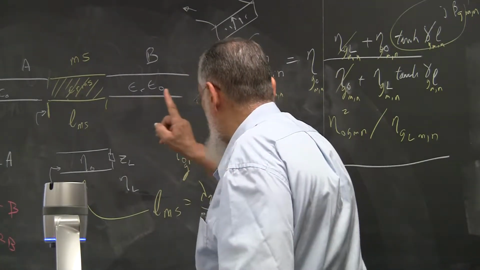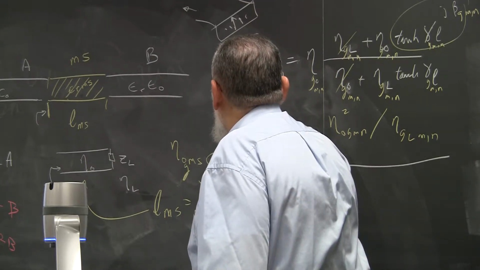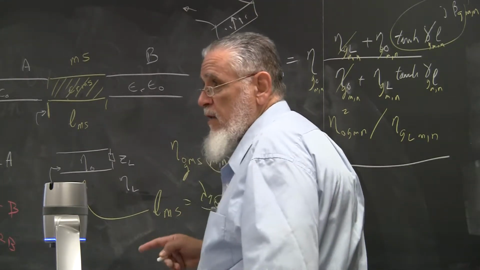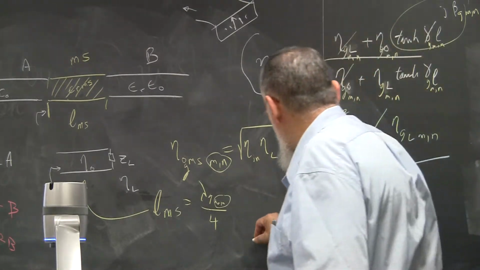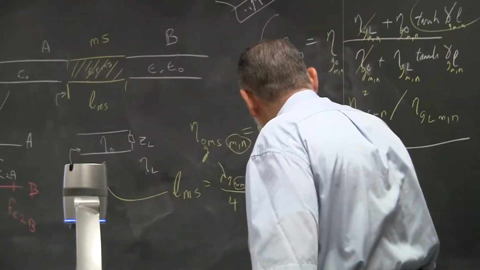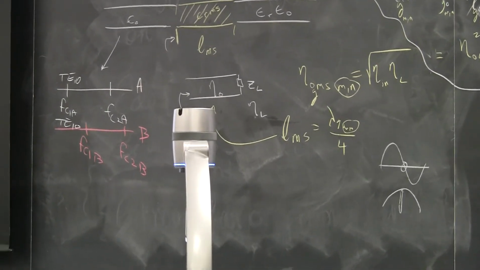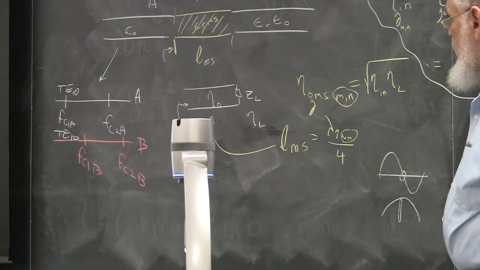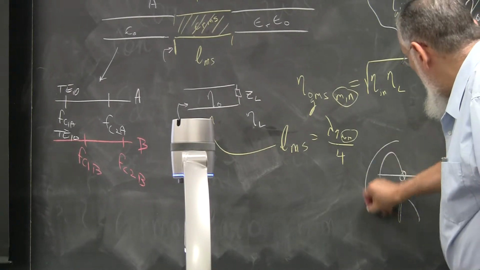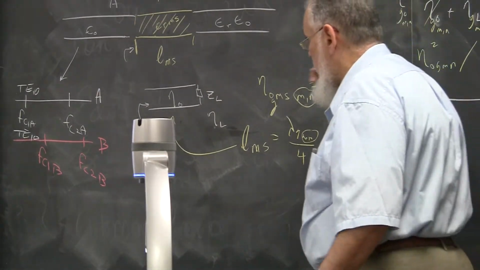So if your field is going this way, you want it to continue to be the TE10 mode. If you put it in a guide that works with the TE20, the 20 mode does that, and the 10 does that. Obviously, this field is going to get killed as soon as it hits the other guide, and you are going to lose the TE10 and get the TE20 mode. So unless you do that on purpose, usually you want to propagate in the same mode.